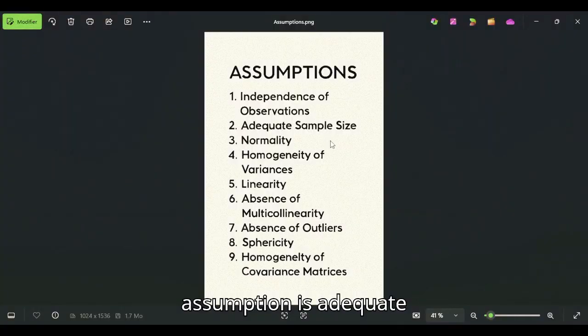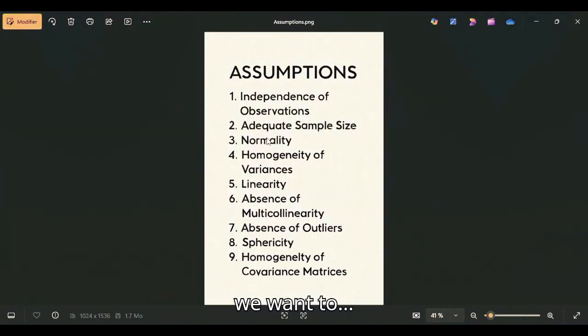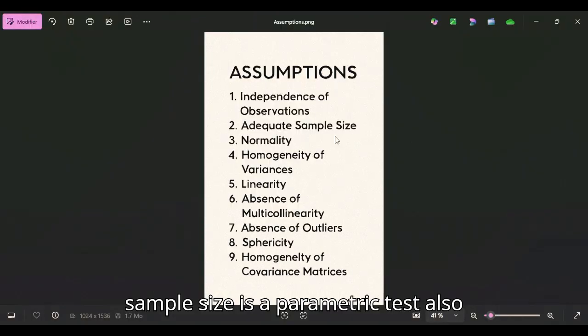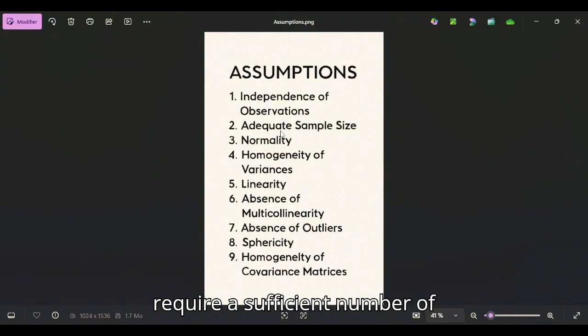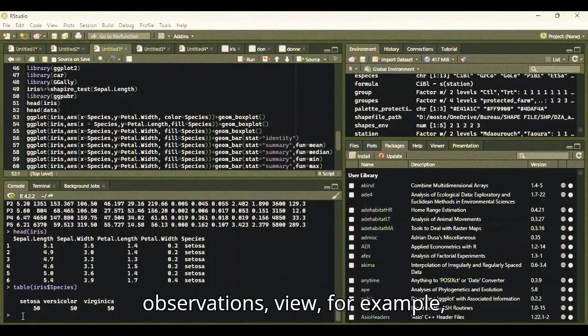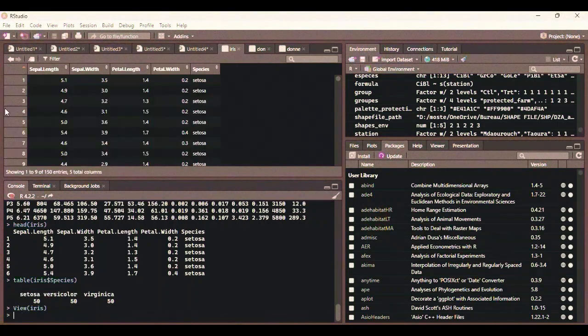The second assumption is adequate sample size. We check it necessarily when we want to compute the MANOVA. A parametric test requires a sufficient number of observations. For example, if we view iris, these are the observations.